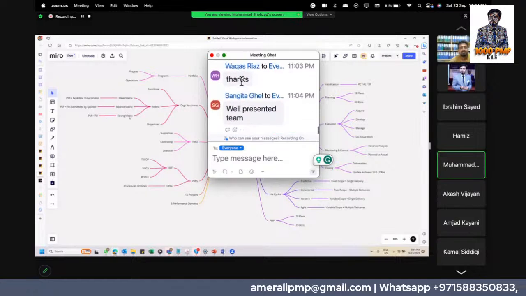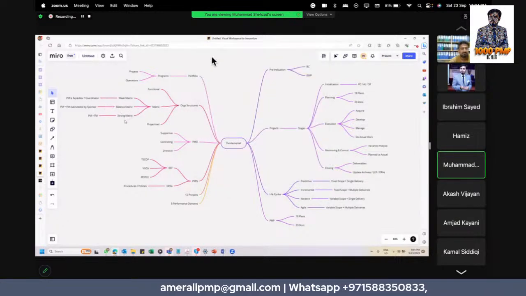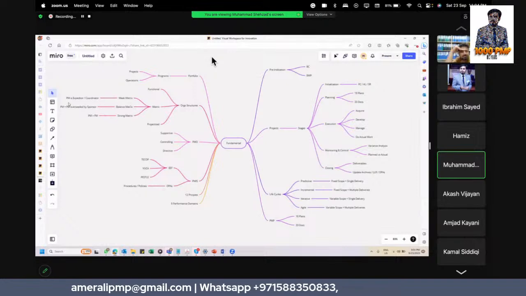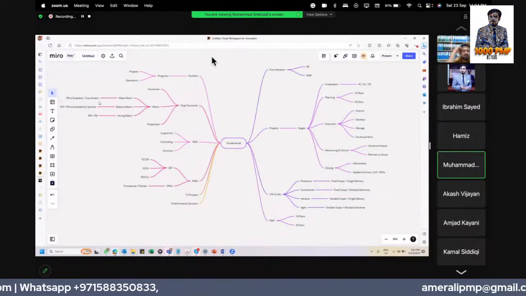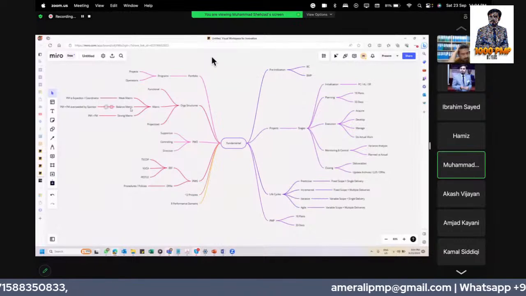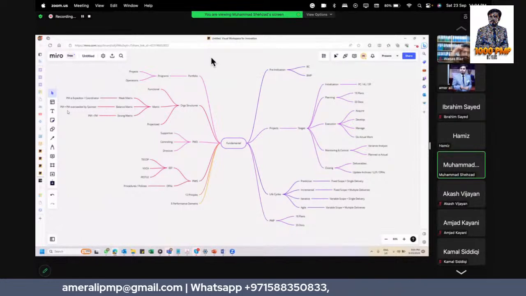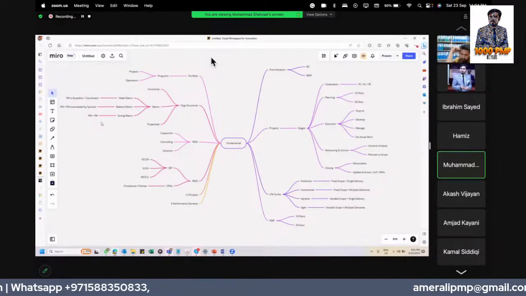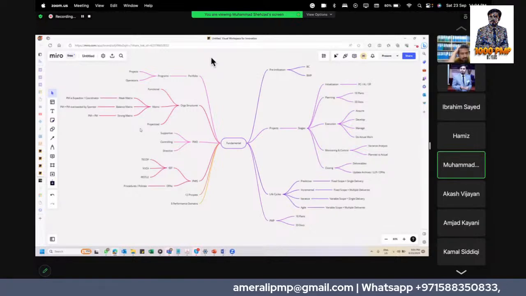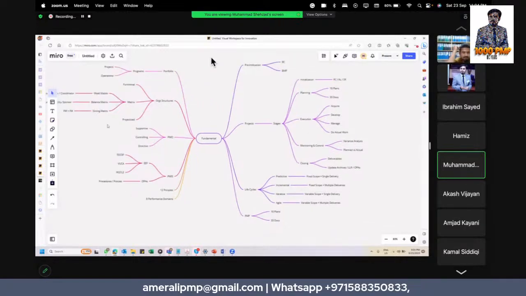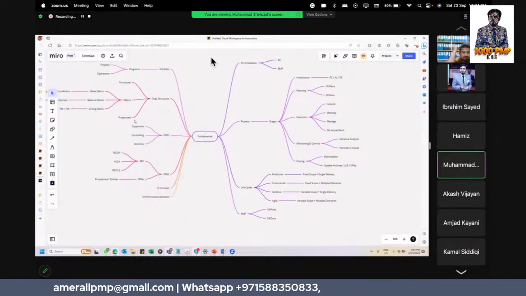Matrix further has 3 divisions: weak matrix, balanced matrix, and strong matrix. In weak matrix, the project manager is just an expediter and coordinator. In the balanced matrix, the project manager and functional manager have almost the same power, but they are overseen by the sponsor in case there is any conflict between them. In strong matrix, the project manager has more power than the functional manager. Then there is the third type of organizational structure, that is projectized.